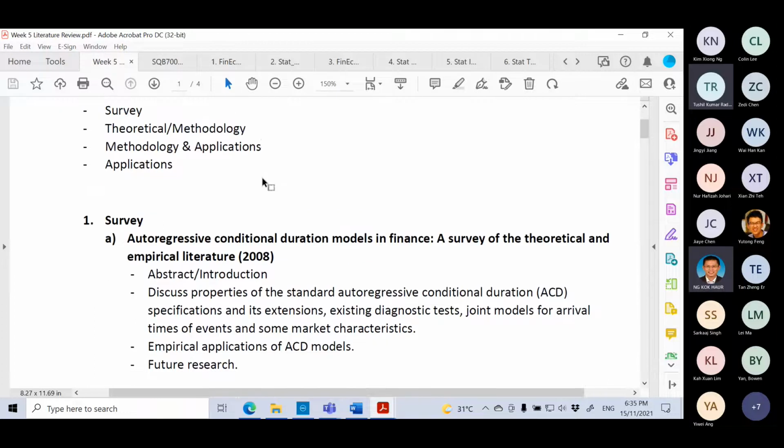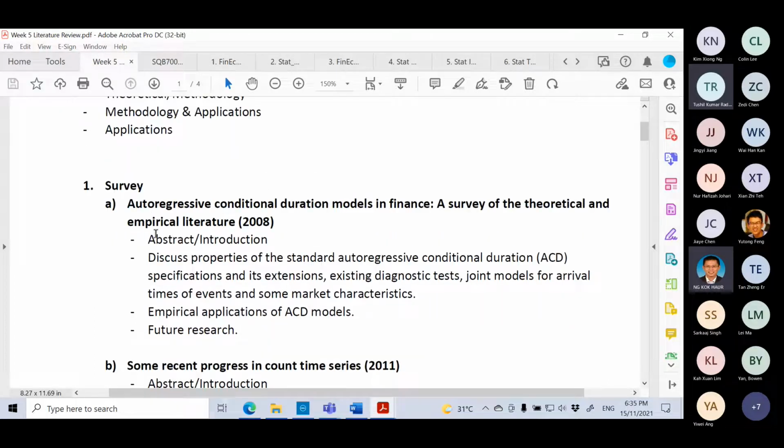In the abstract and the introduction, you can observe that they have mentioned the ACD and then their extension and so on. So we will expect in their literature review that they mention what the ACD model is, the first thing, and then of course their extension. This is what we expect in the literature review or the introduction section.